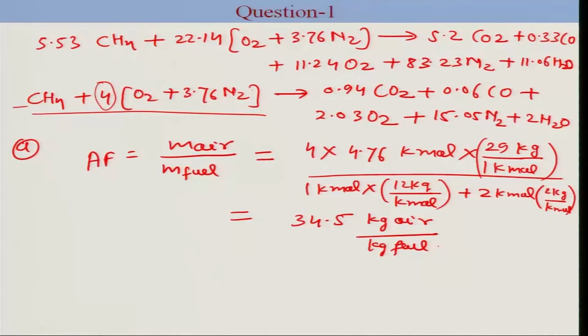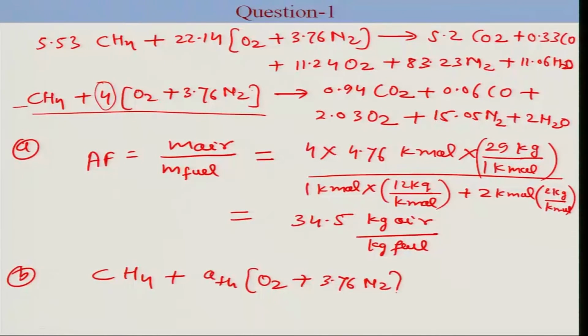Okay. Now in the second part we have to determine theoretical air. So for that we need to know the theoretical amount of air, and that can be obtained from theoretical combustion equation. Okay. So in the second part, if you write combustion equation for theoretical air, that means complete combustion will take place, 3.76 nitrogen.